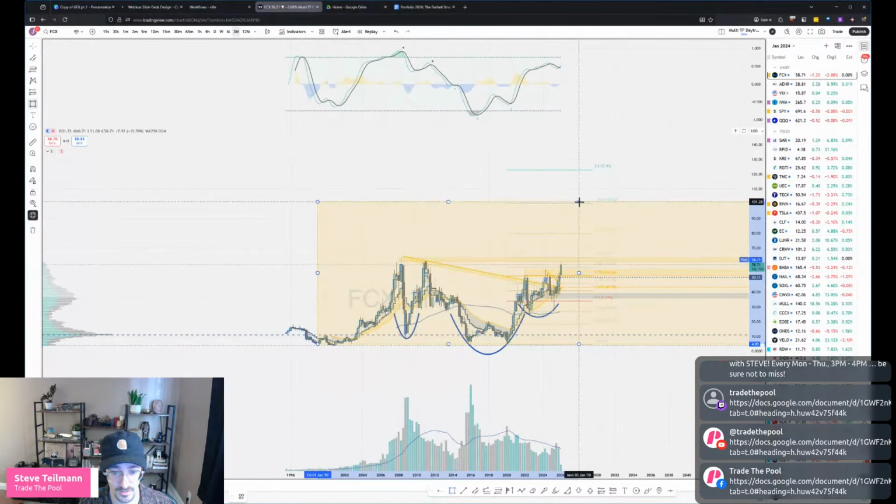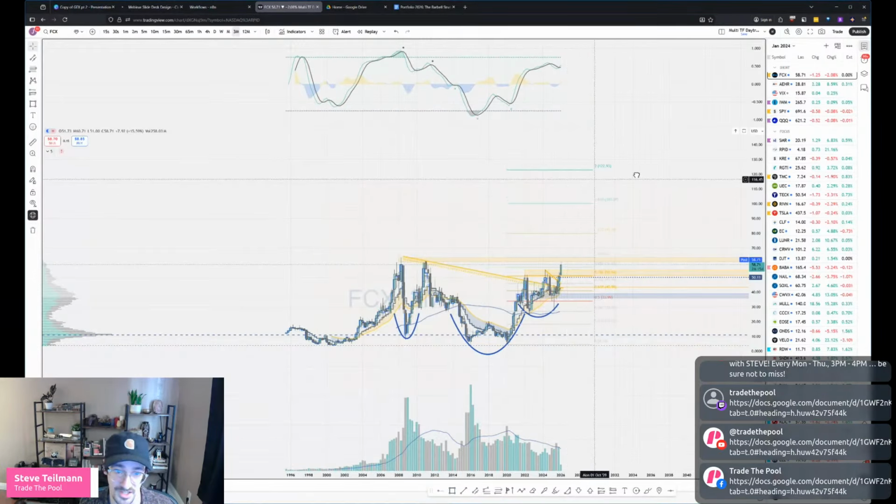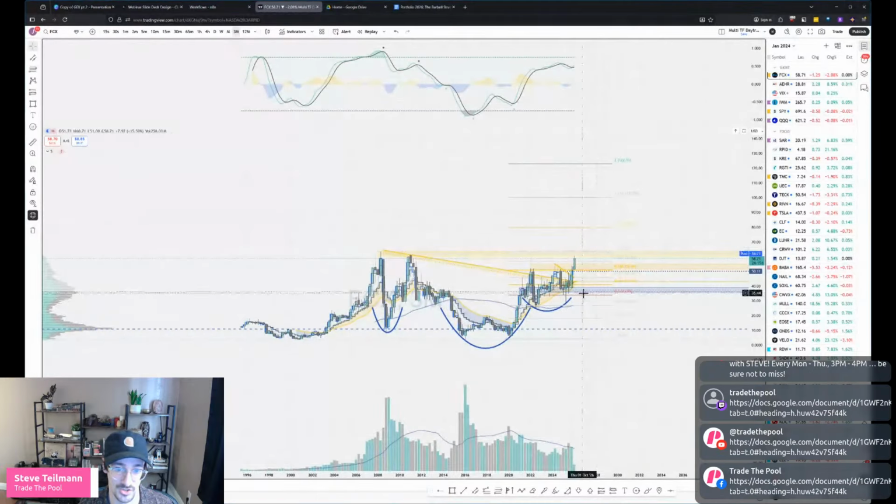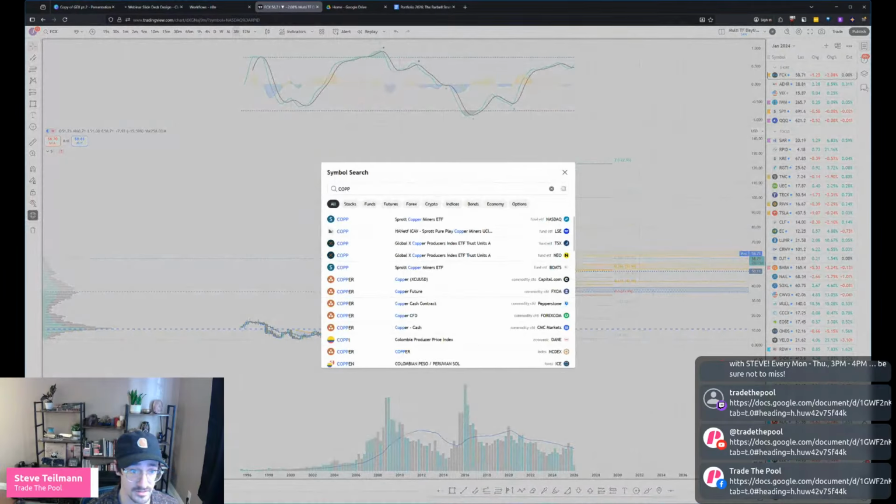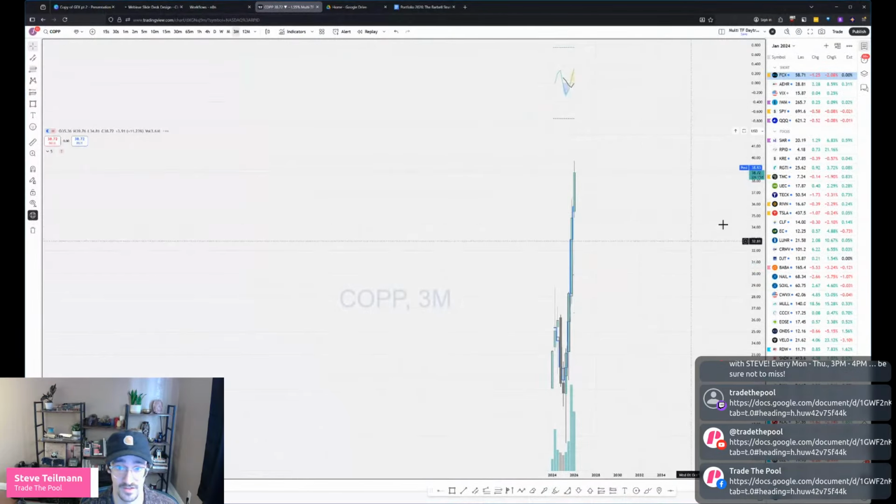Something like, might take more than a year, may take a couple years. But regardless, I think this one keeps on surging. I think copper is not done. We can look at the Sprott Copper Miners ETF and just boom, insane breakout.